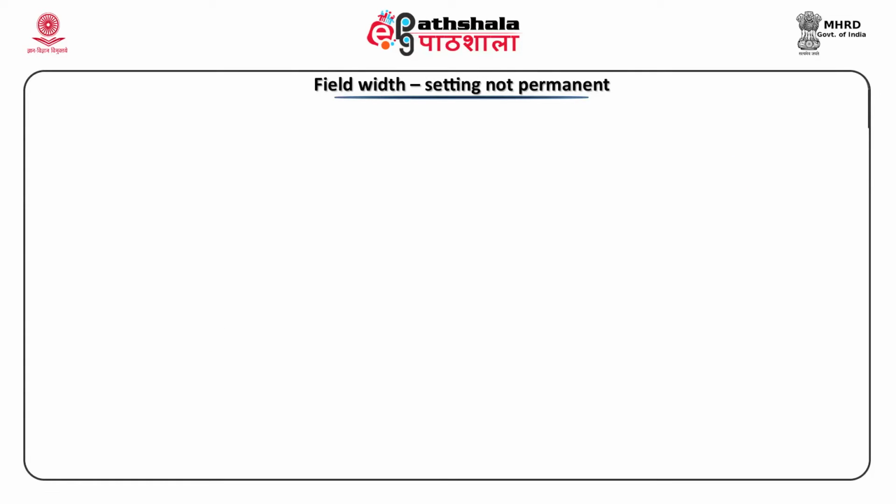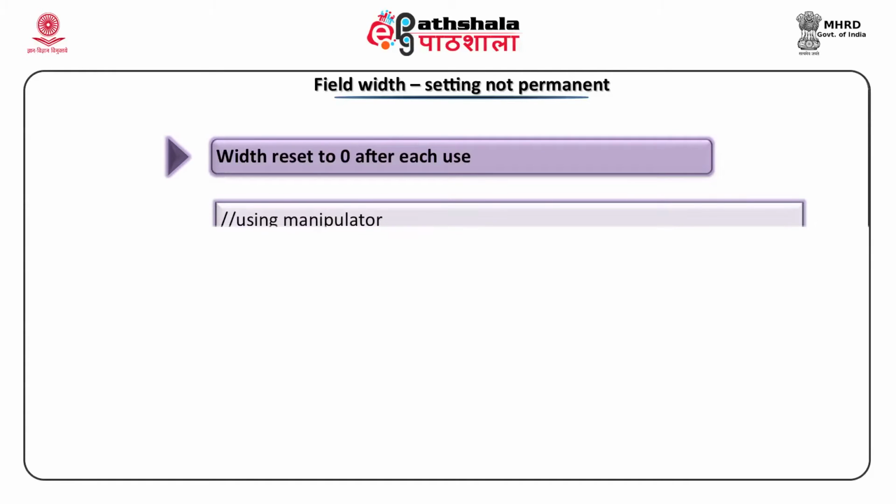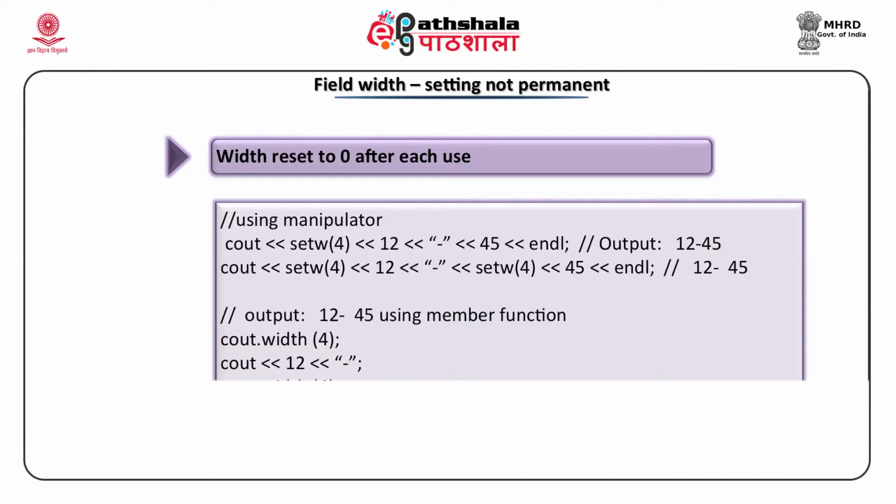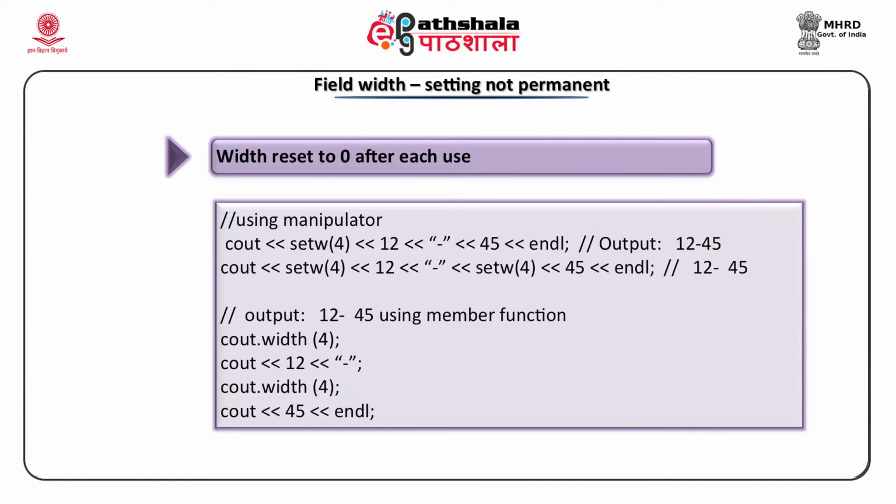In field width, whatever settings we specify, they are not permanent. That means, after each use, it is reset to 0, and therefore, if we use cout << setw(4) << 12 << '-' << 45 << endl.